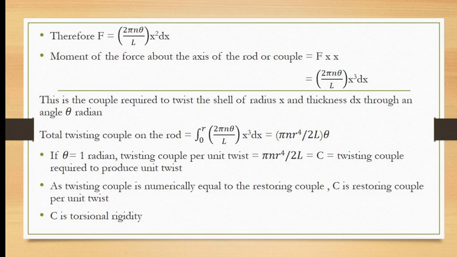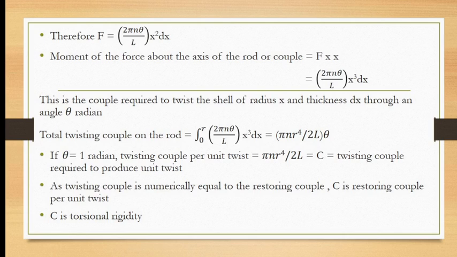The maximum radius can be the radius of the cylinder itself. So the integration will be from 0 to r. So the integral from 0 to r of 2πnθ by L into x³dx will give you the value of the total twisting couple on the rod.